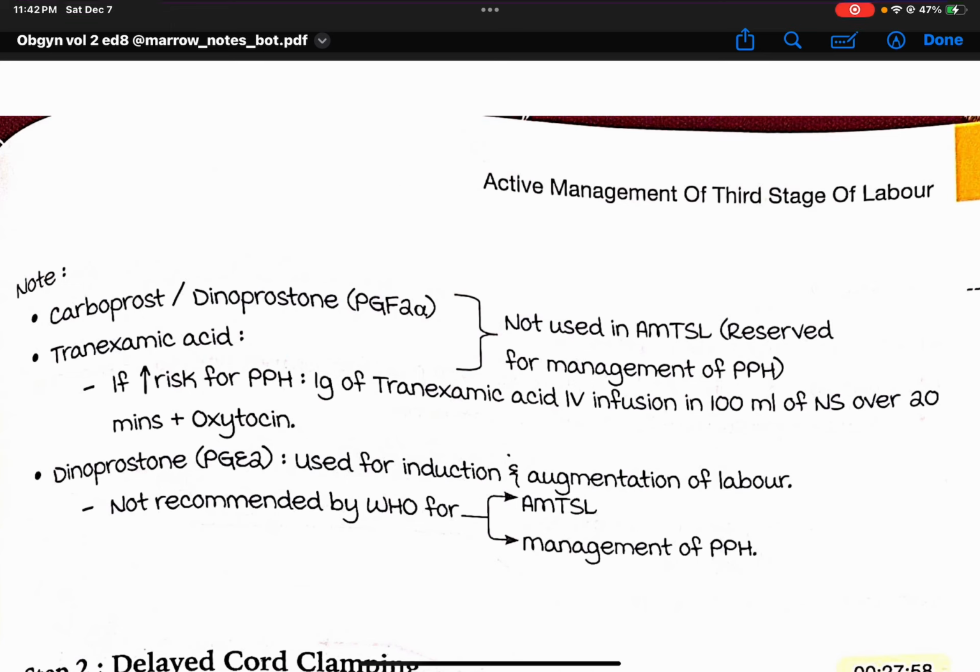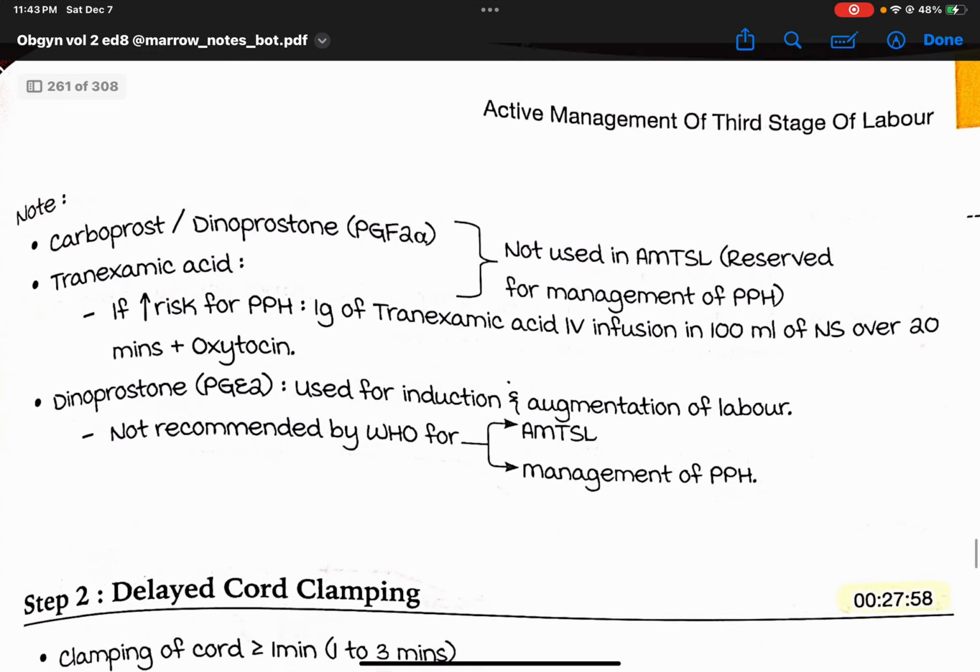If there is increased risk for postpartum hemorrhage, give 1 gram of tranexamic acid IV infusion in 100 ml of NS over 20 minutes, plus oxytocin. Dinoprostone, PGE2, is used for induction and augmentation of labor. It is not recommended by WHO for active management of third stage of labor or management of postpartum hemorrhage.